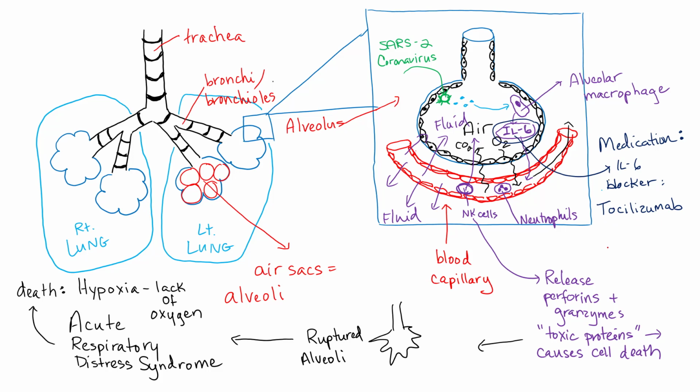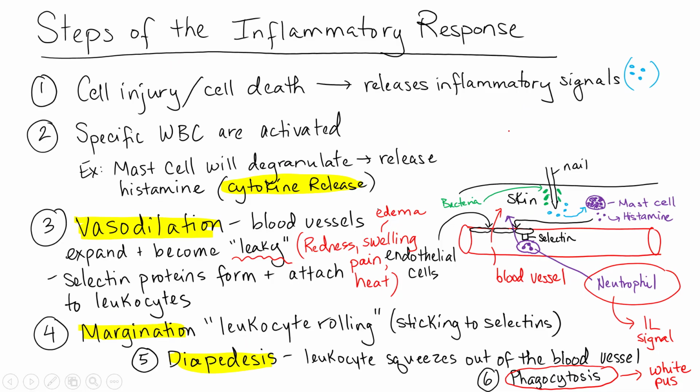Tocilizumab. Not sure if I'm pronouncing that correctly actually, but this is what's showing up in the medical literature right now as a potential treatment that's working to block the action of IL-6, because if you block that release, let's go back to again here. So if we have an IL-6 blocker, it'll block cytokine release.